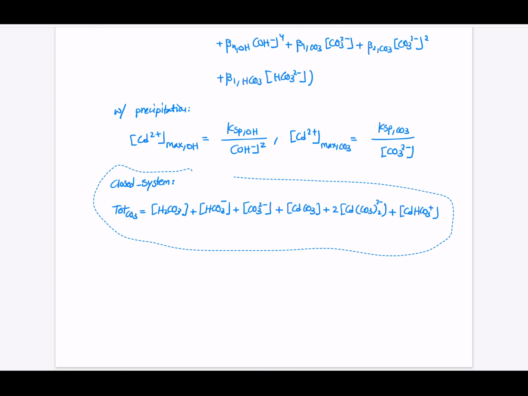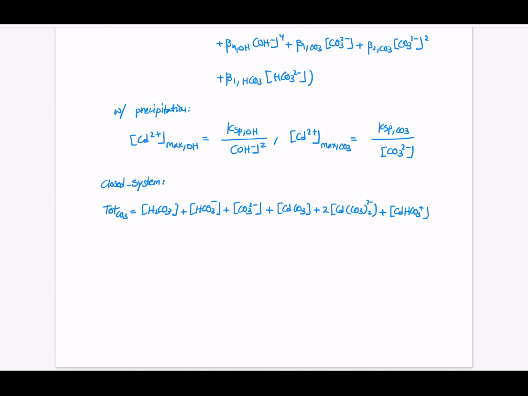So as you see, this is a little bit involved to calculate, but we can make a very logical assumption and basically ignore this part. The reason is that the concentration of cadmium compared to total CO3 is significantly lower.